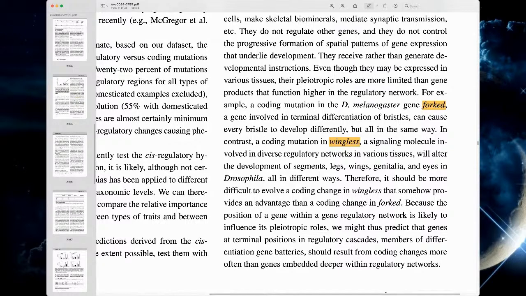Therefore, it should be more difficult to evolve a coding change in wingless that somehow provides an advantage than a coding change in forked. Because the position of a gene within a regulatory network is likely to influence its pleiotropic roles, we might thus predict that genes at terminal positions in regulatory cascades, members of differentiation gene batteries, should result from coding changes more often than genes embedded deeper within regulatory networks.